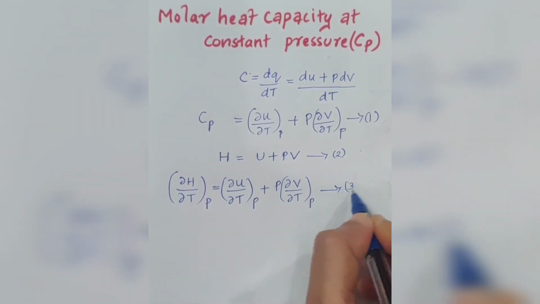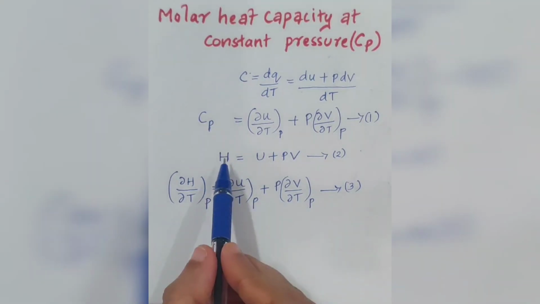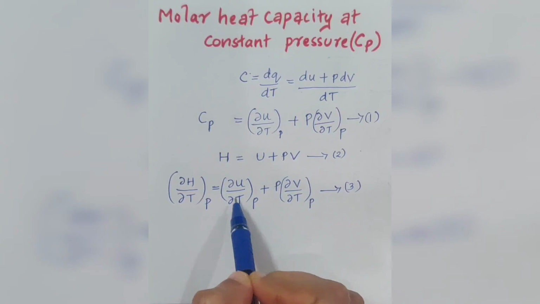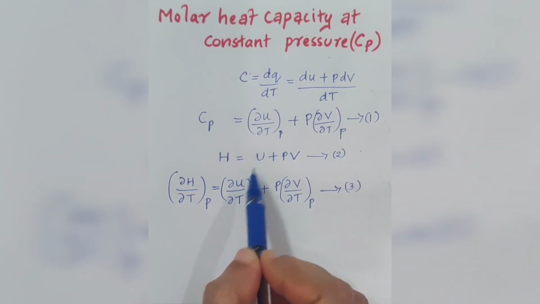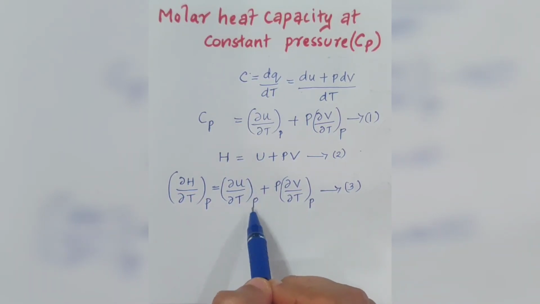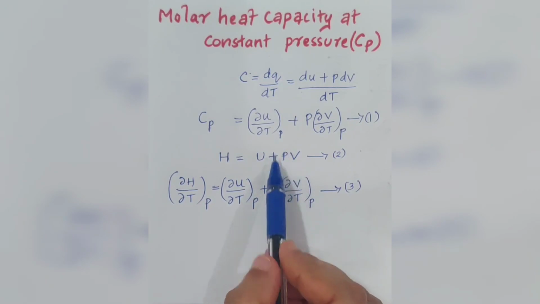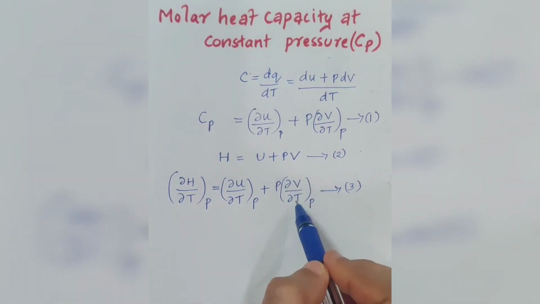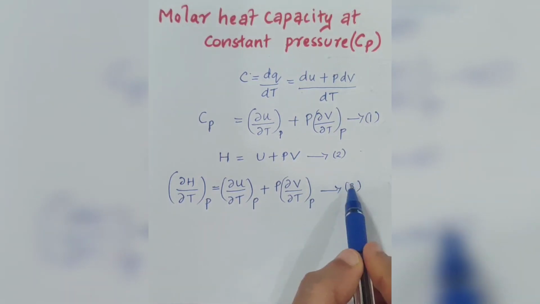P is a constant here, hence P is taken outside. This is equation number 3.